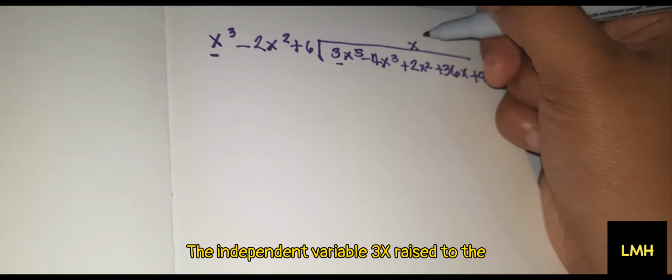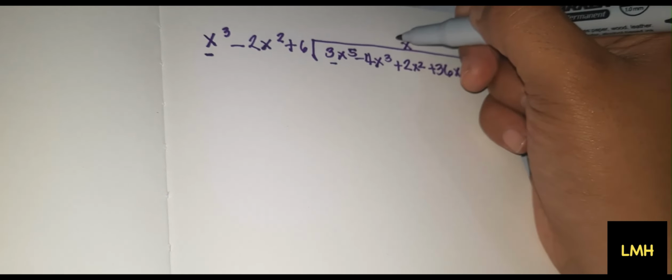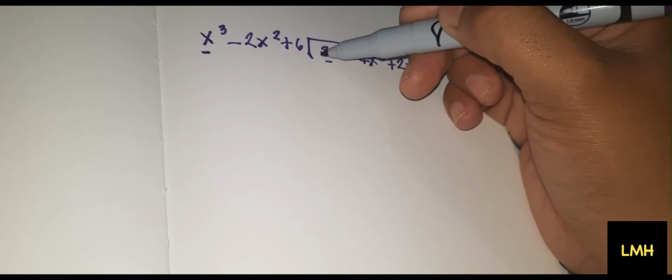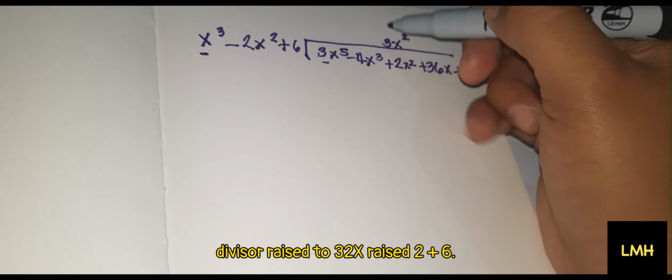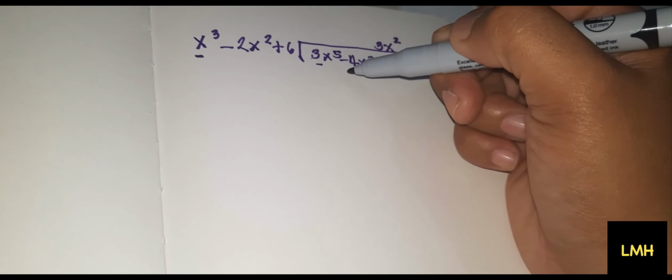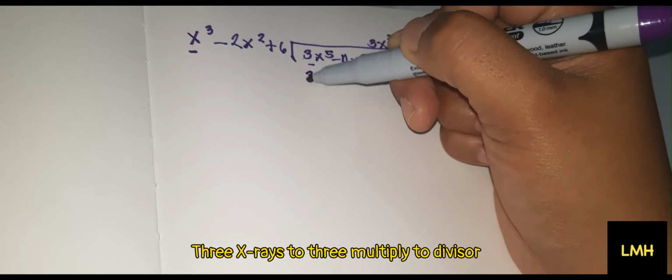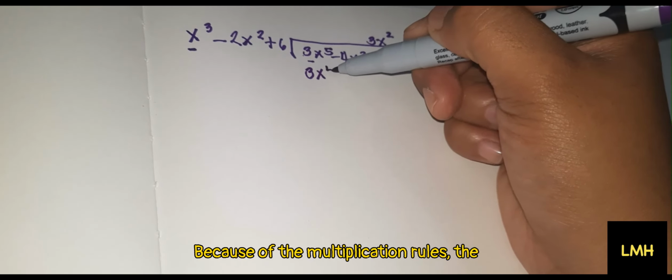The term 3x raised to the power of 2 is our first quotient. Next is to multiply the quotient to the divisor, x raised to 3 minus 2x raised to 2 plus 6. 3x raised to 2 multiplied to x raised to 3, and add the exponents because of the multiplication rules.